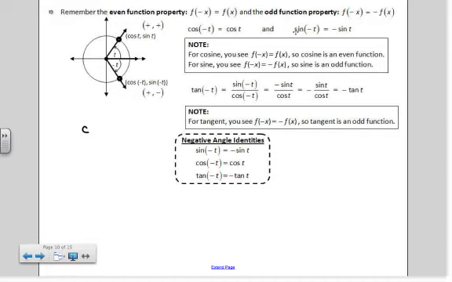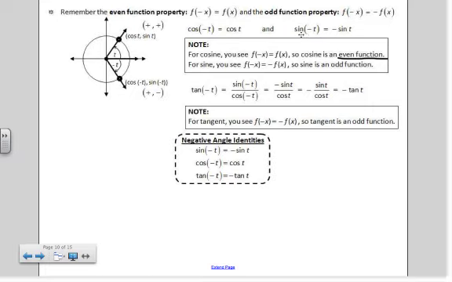It's got the same sign value. So the ratio for cosine of a negative angle and cosine of the angle are the same, and they're both the same sign. So that means it's an even function. Sine, on the other hand, whenever I go down with a negative angle, becomes negative.